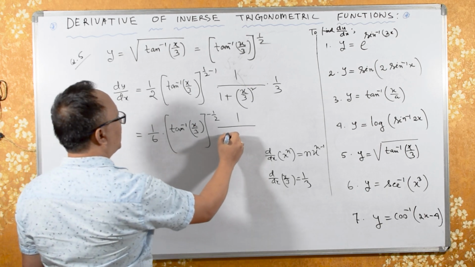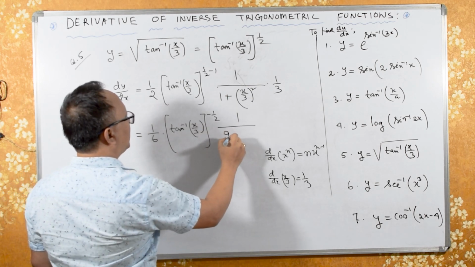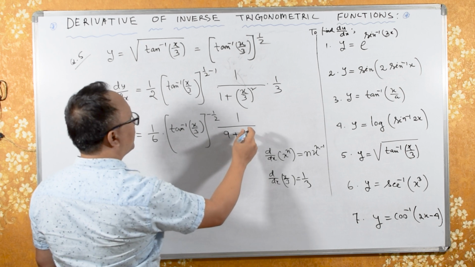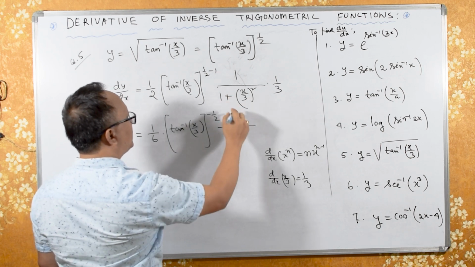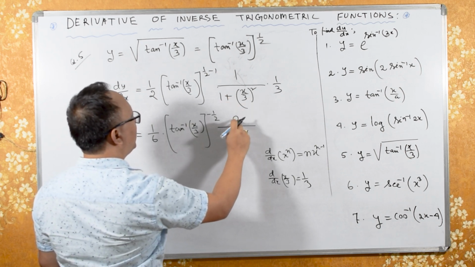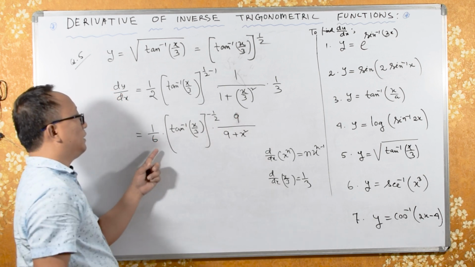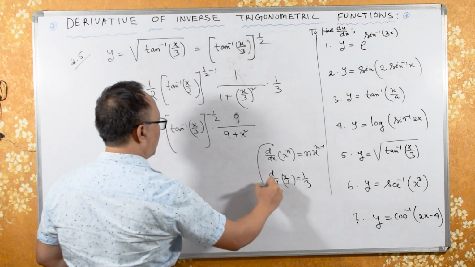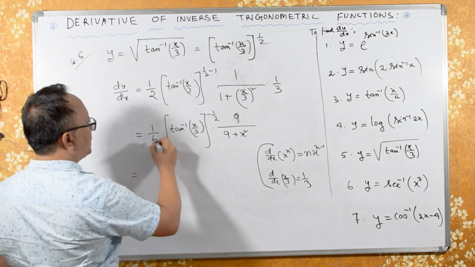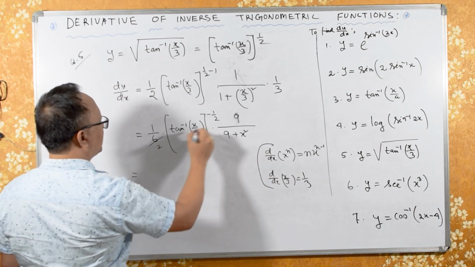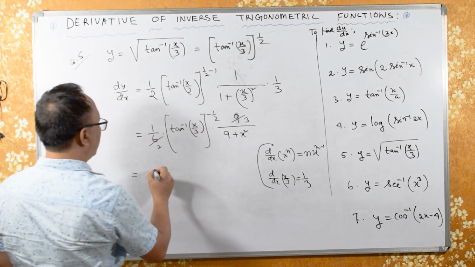Okay, here if I take LCM, it will be 9 plus x square upon 3, that 3 I can, 9 I can bring over here. Or you can cancel 3 to the 6, 3 to the 9.